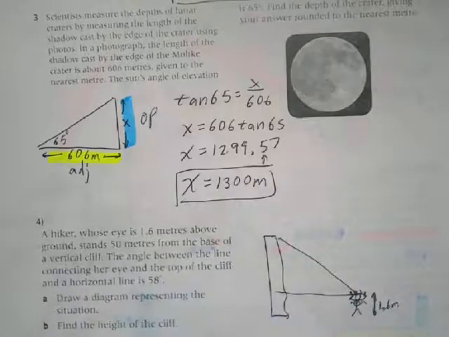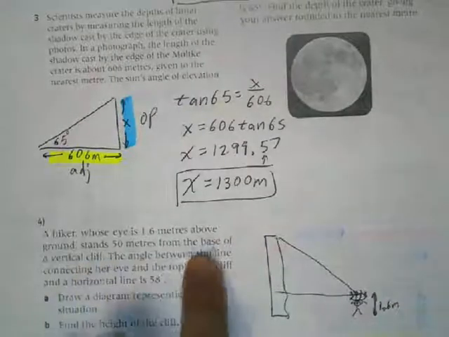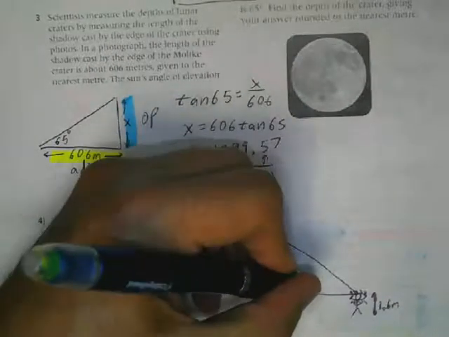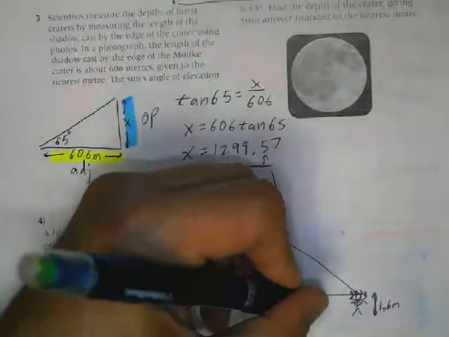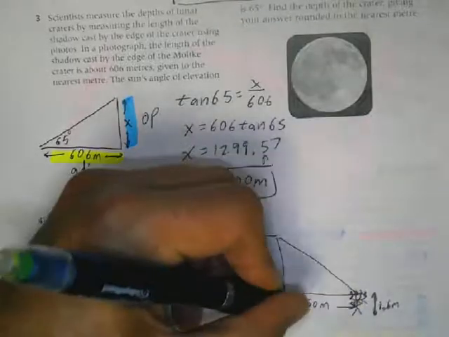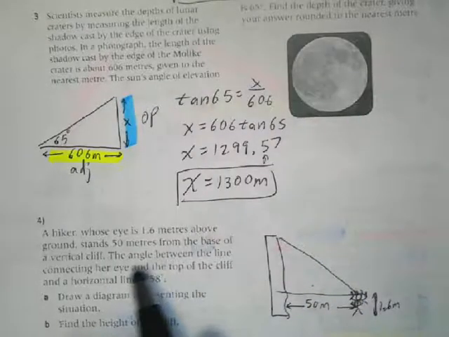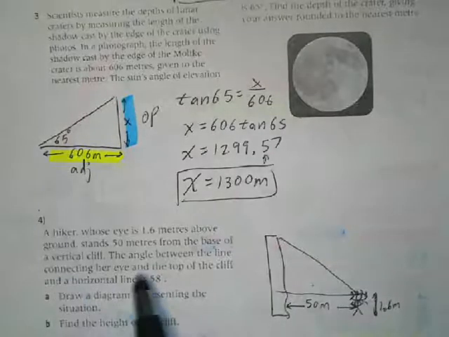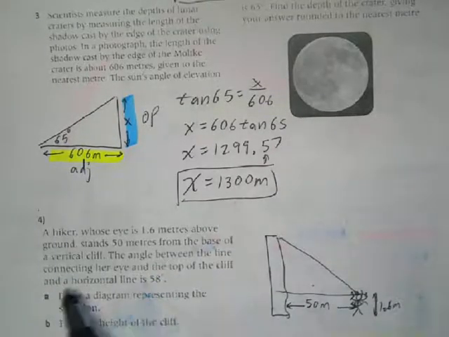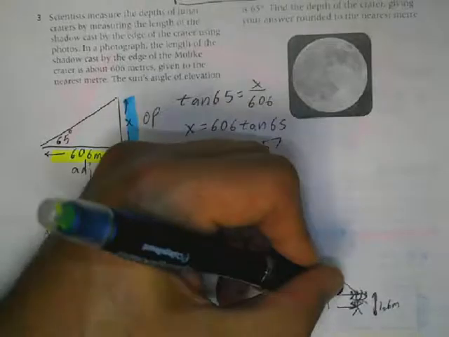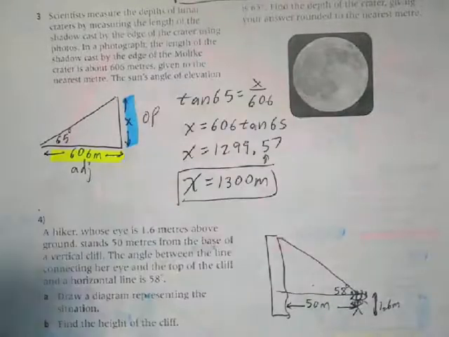The hiker stands 50 meters from the base of the cliff, so 50 meters from there to there. The angle between the line connecting her eye and the top of the cliff is 58 degrees. And we want to know the height of the cliff.